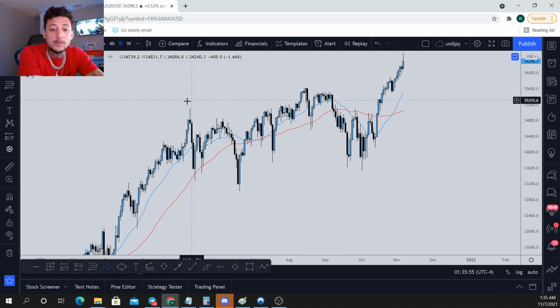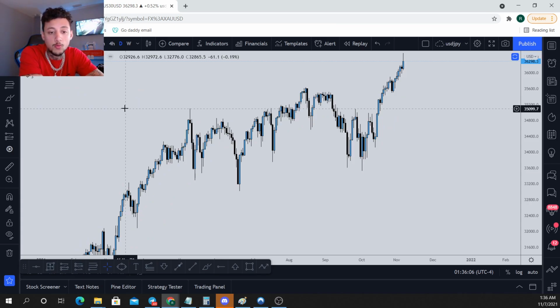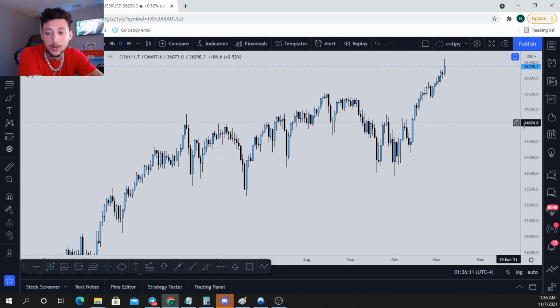But anyways, we're going to be looking at the pair today, US30 USD, which isn't necessarily a forex pair, but every single market, no matter what, will have a trending condition, will have different market waves.